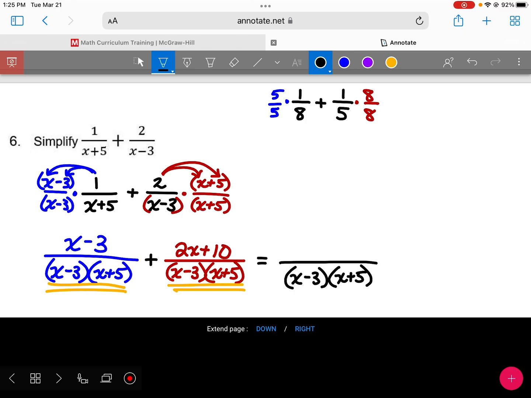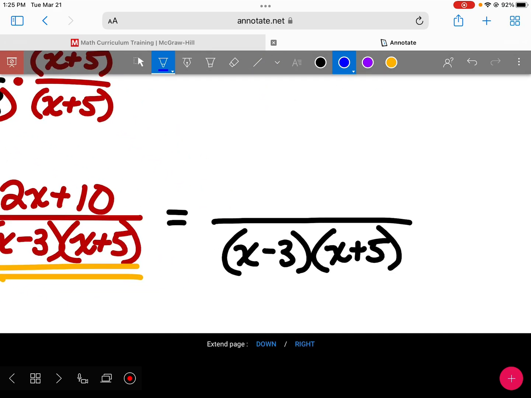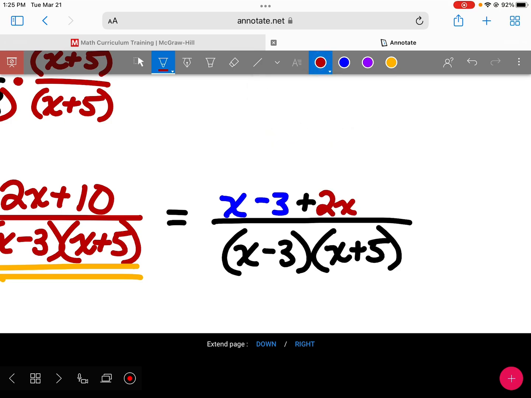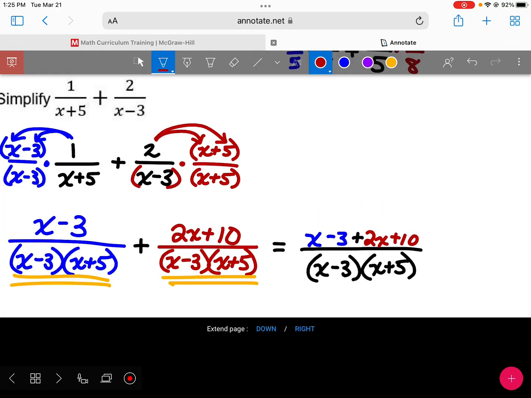What am I doing between these two fractions? Addition. So x minus 3 plus everything that comes after it. 2x plus 10. If this was subtraction right here, I would have to distribute the subtraction to everything that comes after it. Because it's addition, I'm just going to add the pieces that come after it.